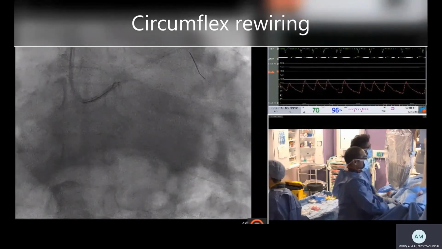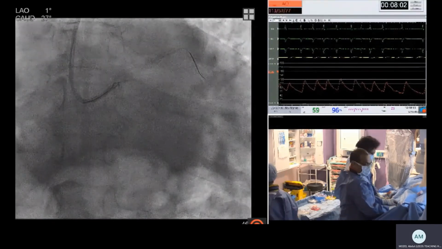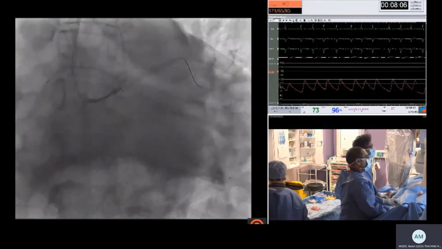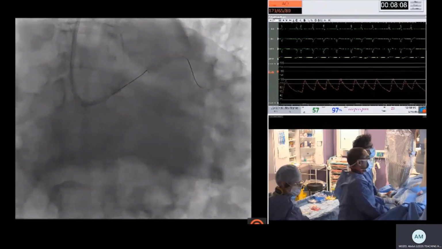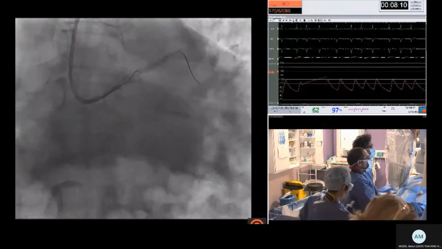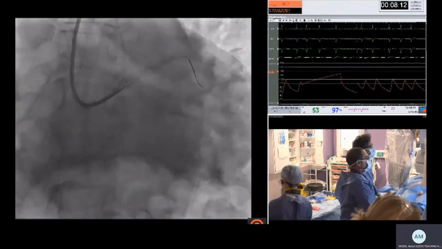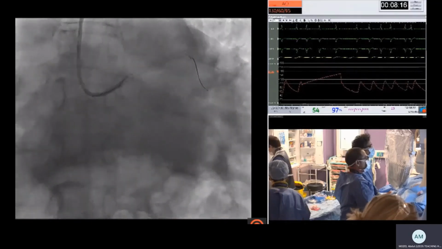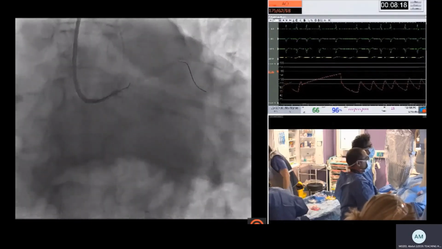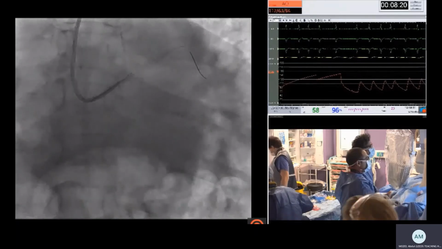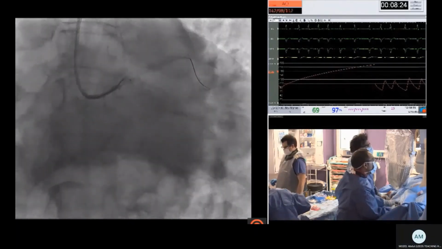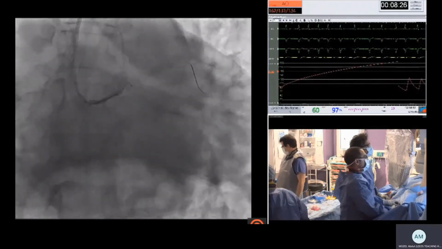So we then rewired the circumflex coronary artery through the stent struts with a workhorse wire. Here, Dr. Veerasamy nicely demonstrates looping the wire into the LAD to ensure that this is within the lumen of the stent prior to wiring the circumflex.